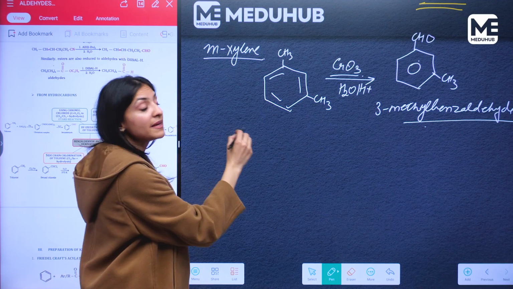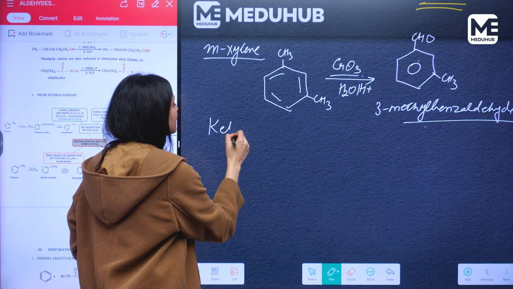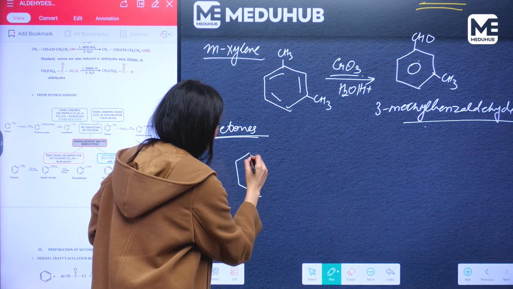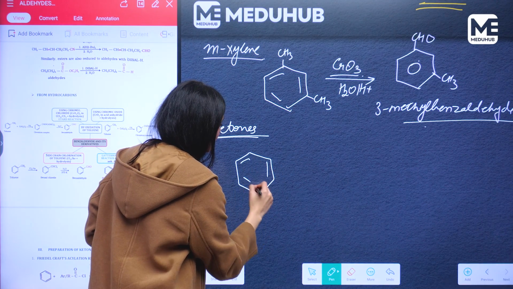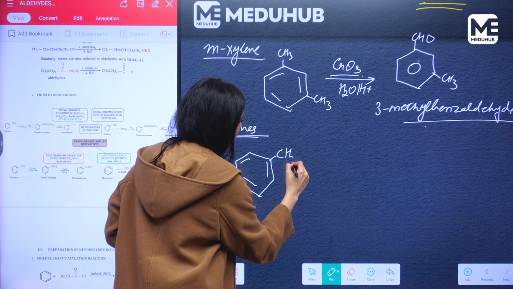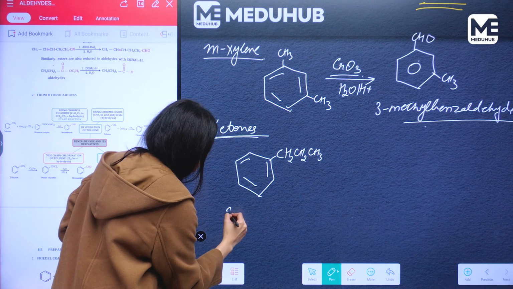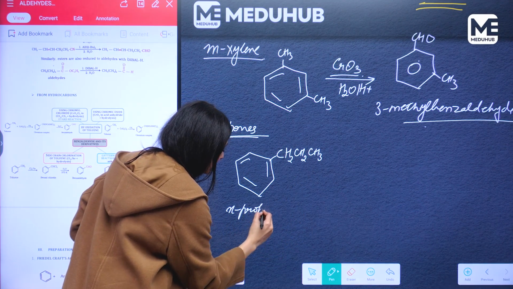Another thing, these methods can also be used for the preparation of ketones. How so? If we have this molecule as starting reagent, this is n-propylbenzene.